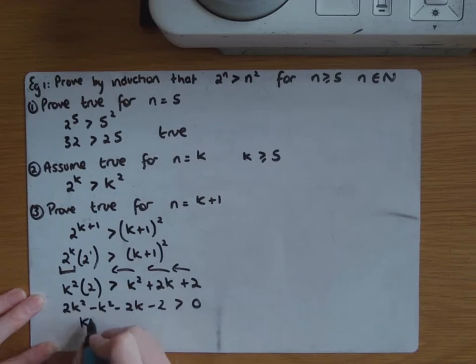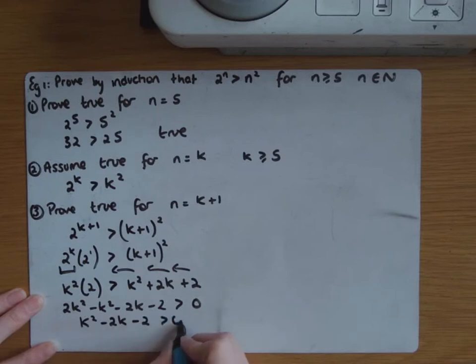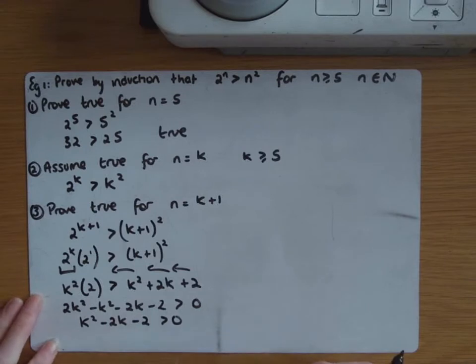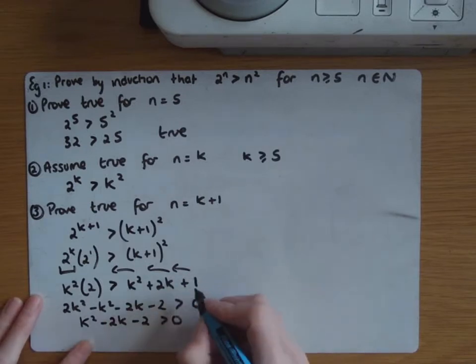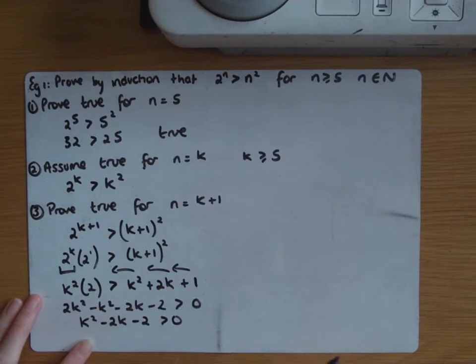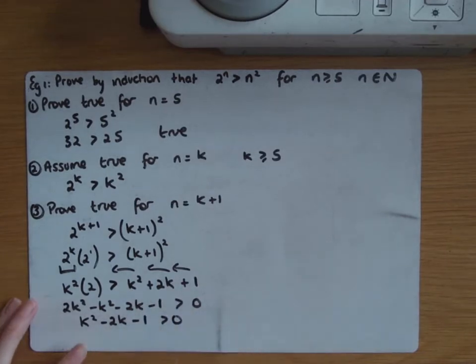So I get k squared minus 2k minus 1 is greater than 0.